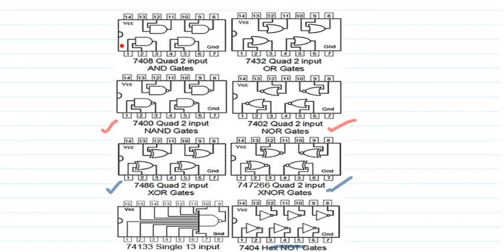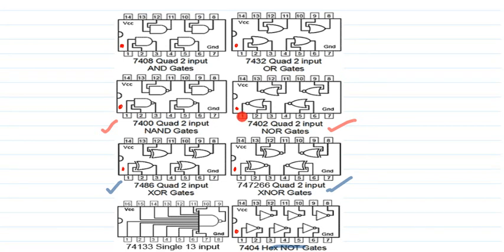Similarly, we have a dot here, and the pin at the dot is the first pin. We can observe the similarities. Always 1 and 2 are the inputs, 3 is the output, except for the NOR gate. Only for the NOR gate, 2 and 3 are the inputs, 1 is the output.